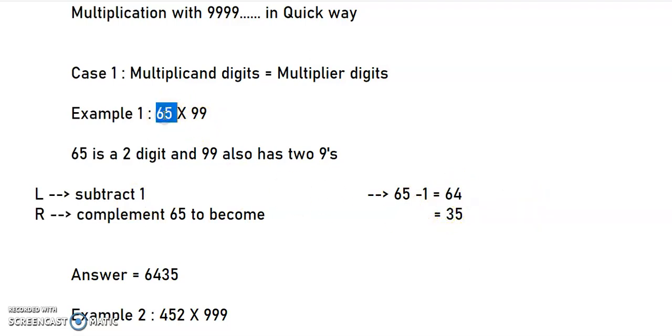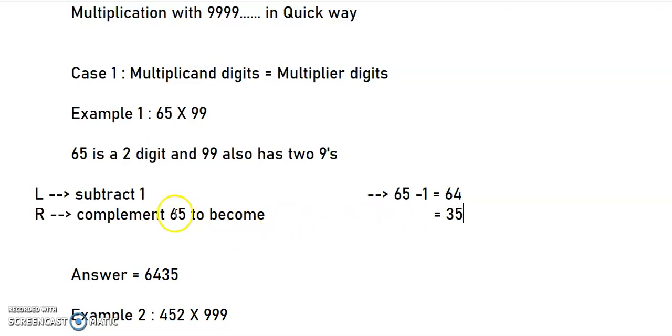Then I am calculating the complement of 65, which is 35. We already discussed base and complement concepts in the complement video, which is available in my list of videos. You can go through it.